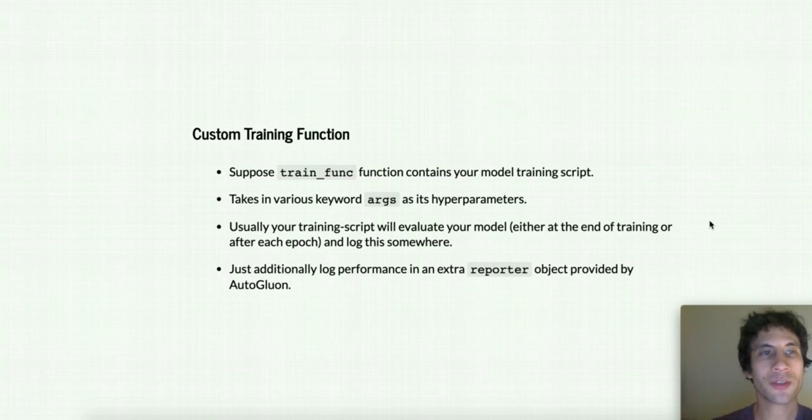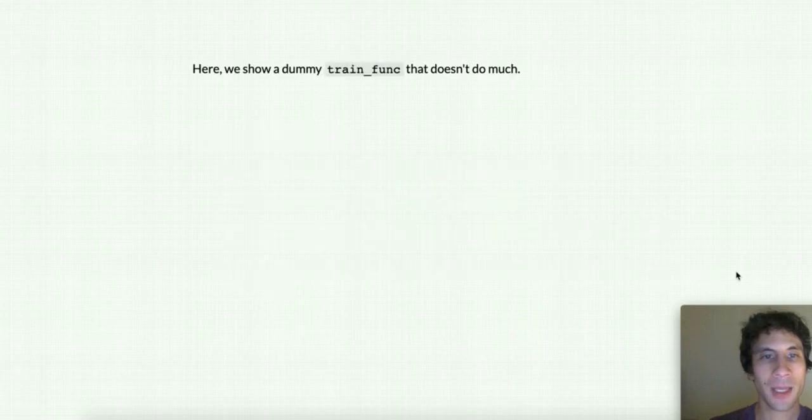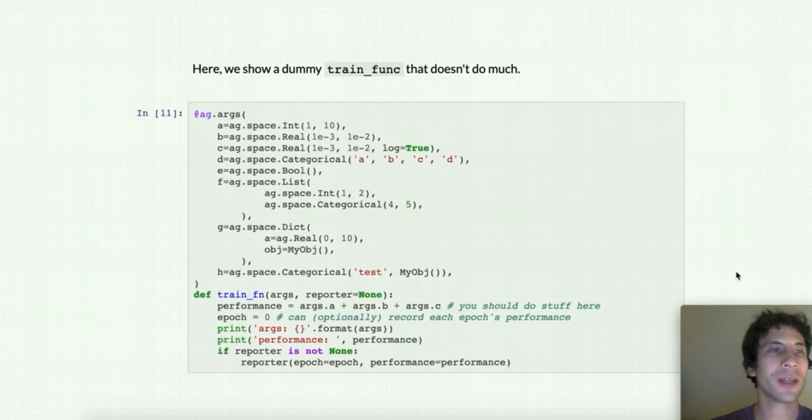Usually your training script will evaluate the model somewhere, either at the end of training or after every epoch, and log this information. All you have to do to make this tunable by AutoGluon is add an extra reporter object that AutoGluon provides and also log the performance of your training function in the reporter object as well. Here we show a dummy training function that doesn't do too much.